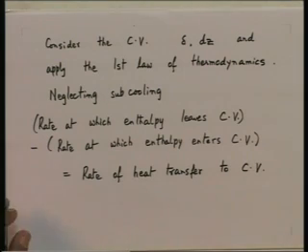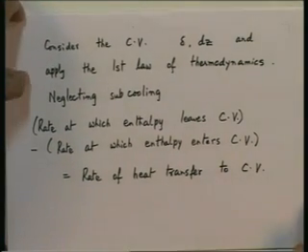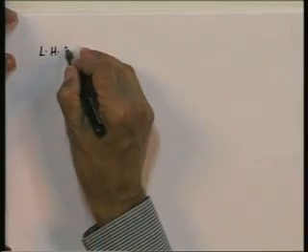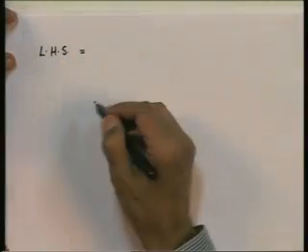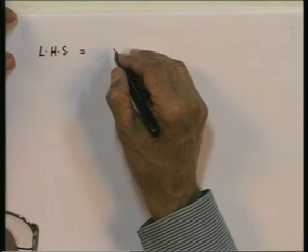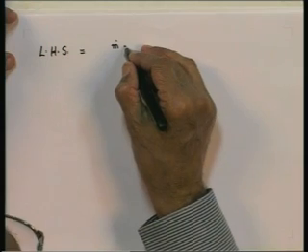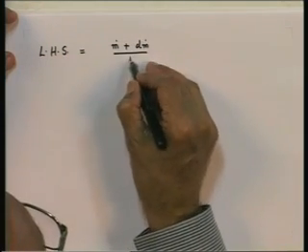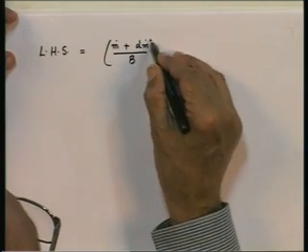Now, what is the left hand side? The left hand side in this case will be m dot plus d m dot by B multiplied by H f.